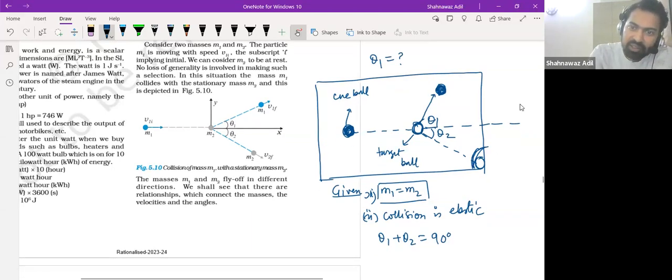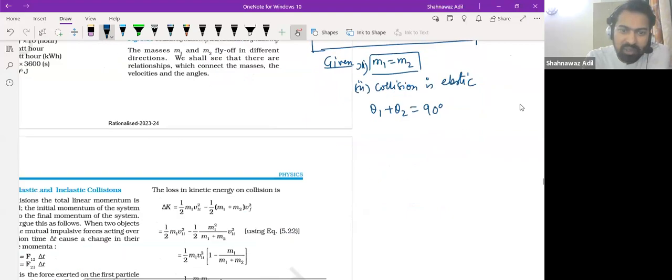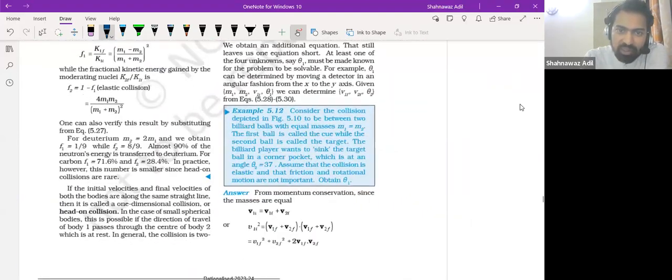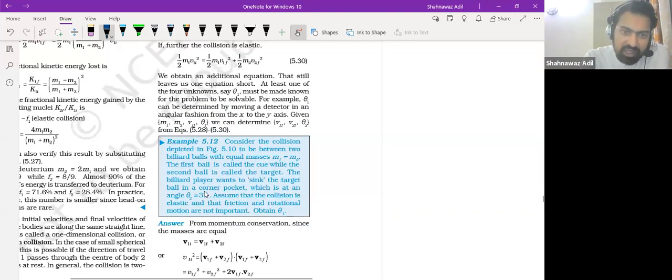Theta 2 is given, and we have to calculate theta 1.